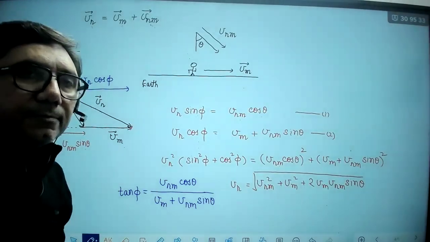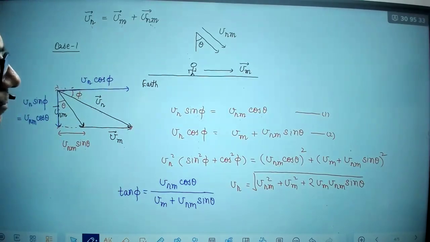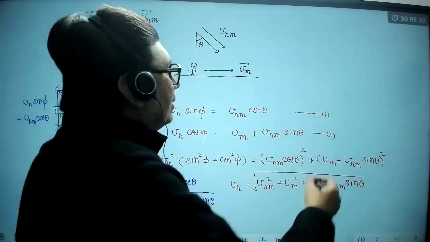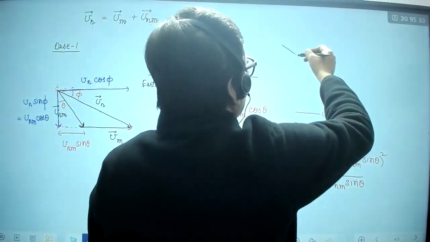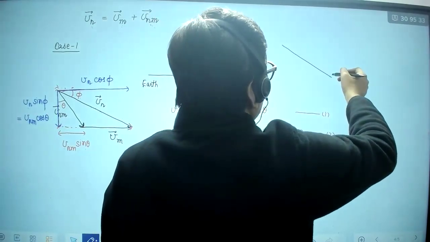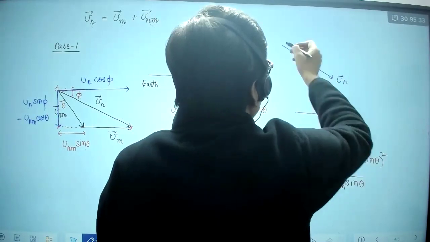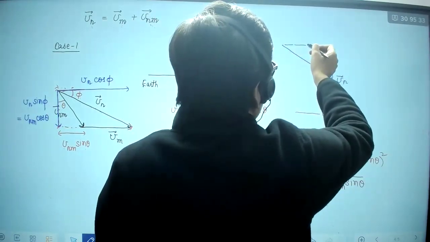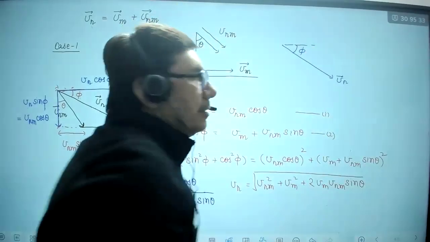Sir, I can't understand how to find these equations. How are you going to resolve a vector? Suppose there is a vector like this. This is the VR vector, and I'm saying this angle is phi.